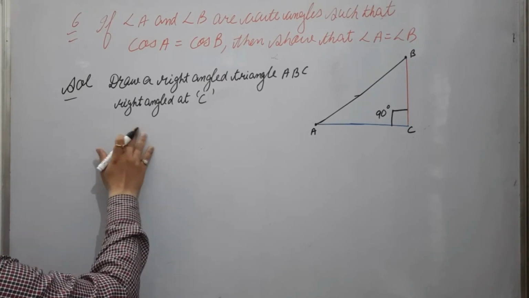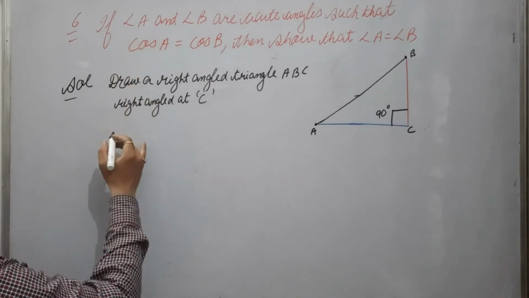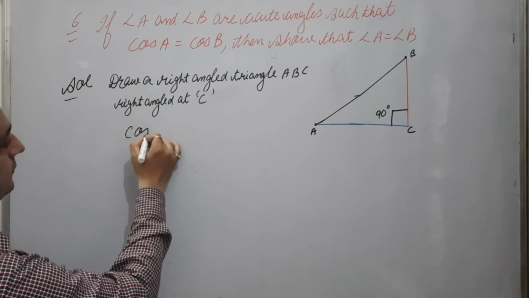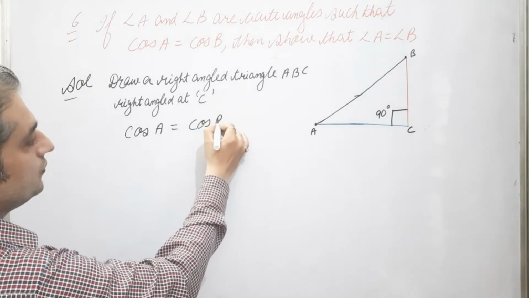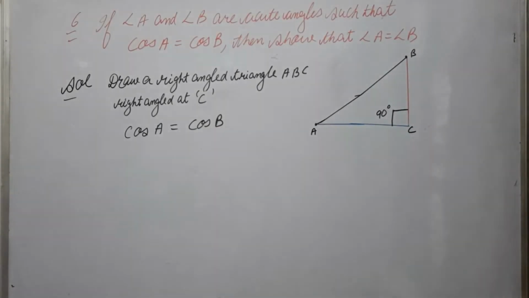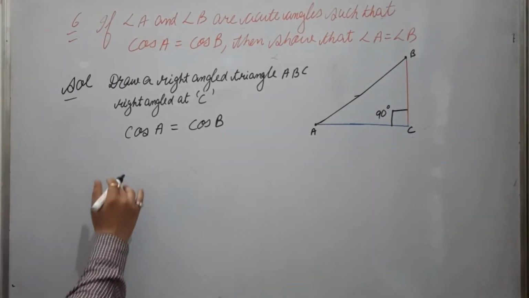Given is cos A is equal to cos B. Cos A is equal to cos B, right? So it is given.